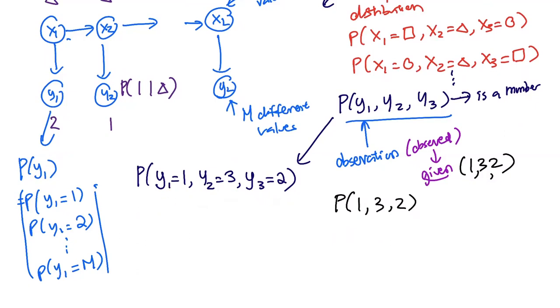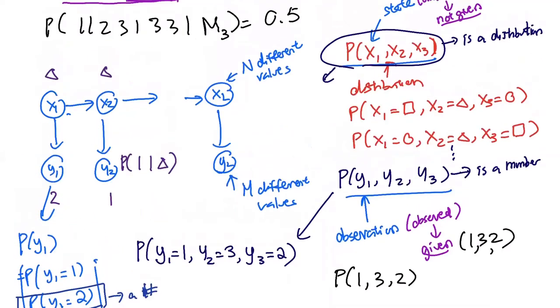I could just ask you, given y1, what's the probability that y1 equals 2? That's a number. Whereas if y1 is a random variable, then it has to be specified as a distribution.